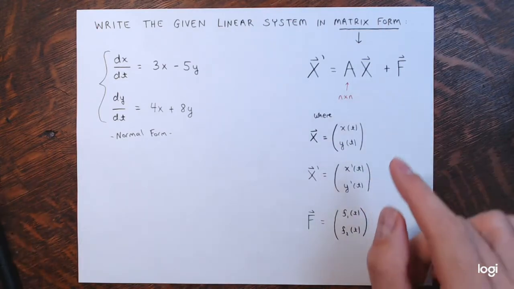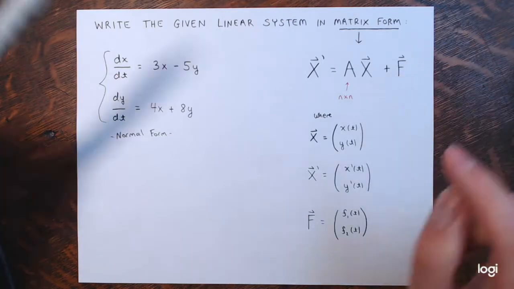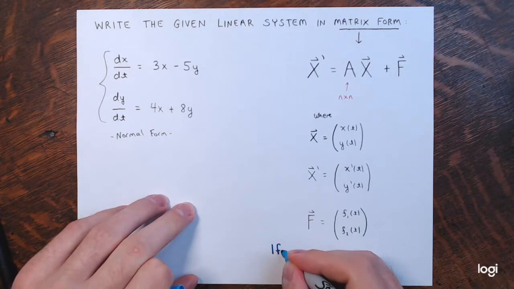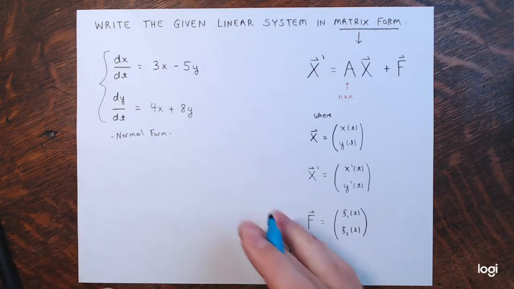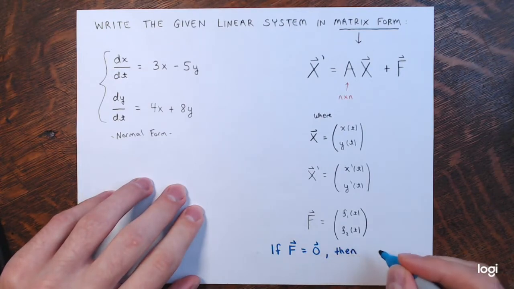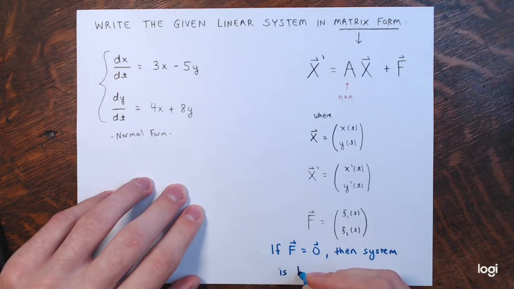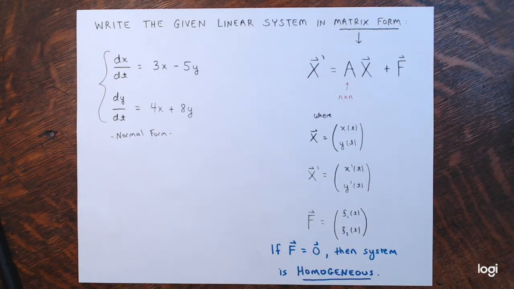If this f vector is the 0 vector, then the system is considered homogeneous. And if this f vector is not the 0 vector, then the system is non-homogeneous.